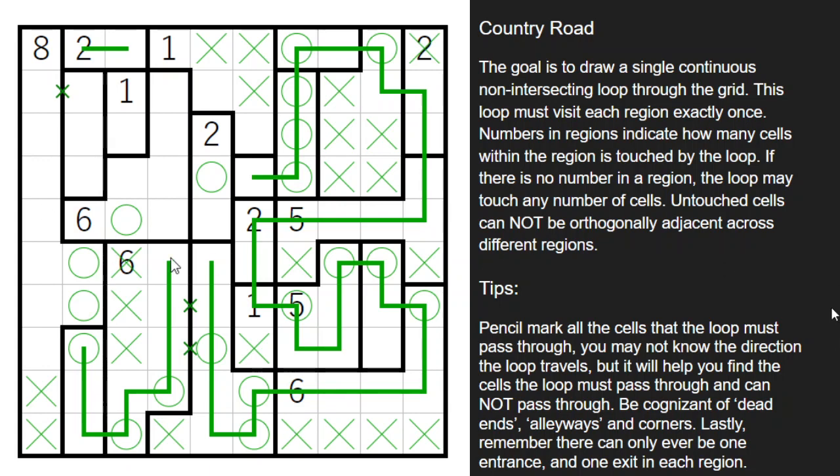Let's see, if this goes up, it has to hit the circle, because it can't go up here. There's not enough to hit 6. So 1, 2, 3, 4, 5, 6. I don't think that's going to work, because if we do it this way, yeah, see, if you go up into that region, what you're going to see, if you kind of envision following my mouse cutting this grid in half, these loop ends are going to connect.